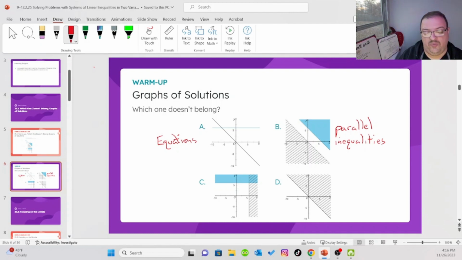C is the only one that has a solution to a system of inequalities. And D is the only one that is not graphing a system. It is graphing a single inequality.